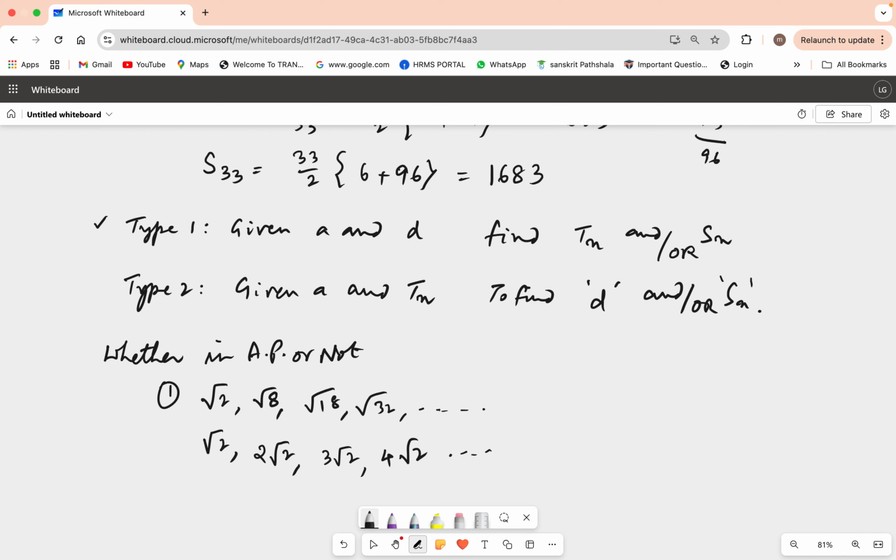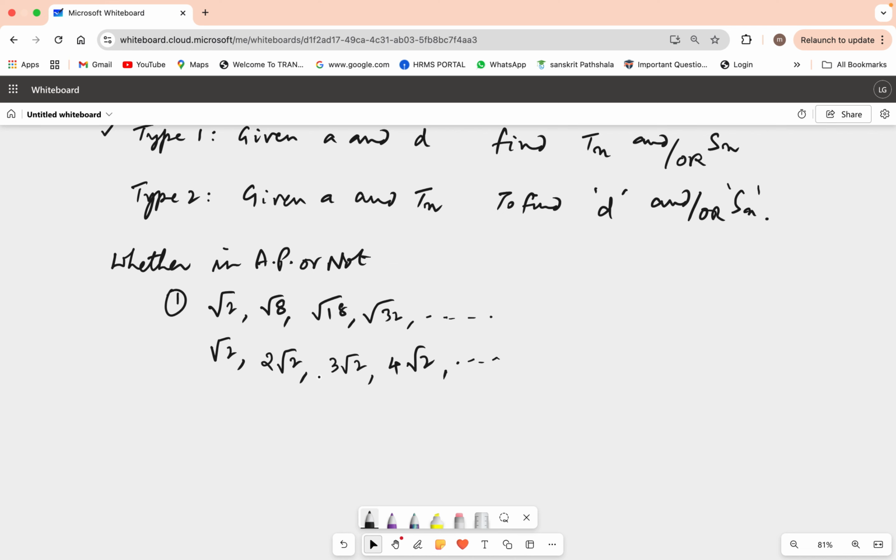Have you seen it? 1 root 2, 2 root 2, 3 root 2, 4 root 2. Each time we are adding a root 2 to this. So the series can be written as root 2, root 2 plus root 2, root 2 plus 2 into root 2.